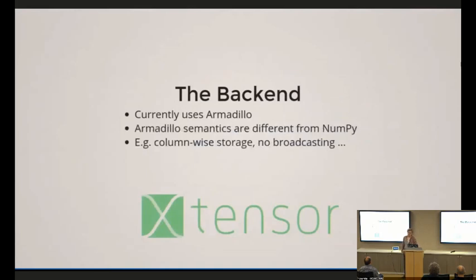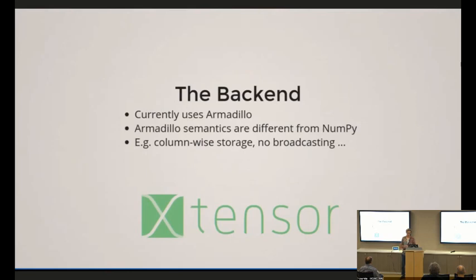And just quick words about the backend. We're using Armadillo currently as the backend for Jet. Armadillo is a super cool library, and it's extremely well designed and fast. But the semantics are a bit different from NumPy. For example, you can't have arrays with n dimensions.